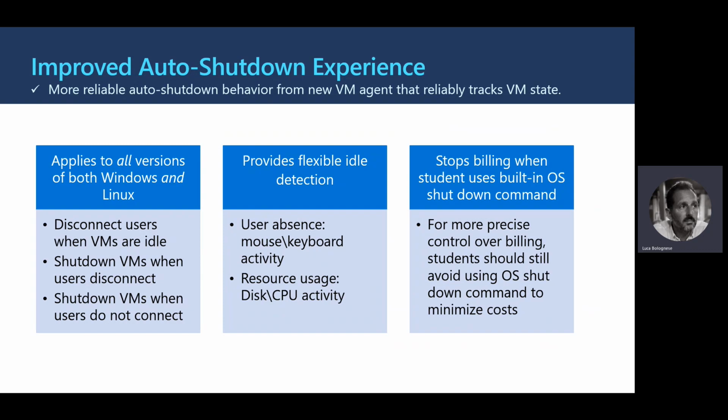And moreover, it is more reliable, and we have more control over the definition of idle. Is idle user absence? Is it resource usage like disk or CPU? You can select what you mean by idle, because we have an agent that is looking at the machine and can check those things.